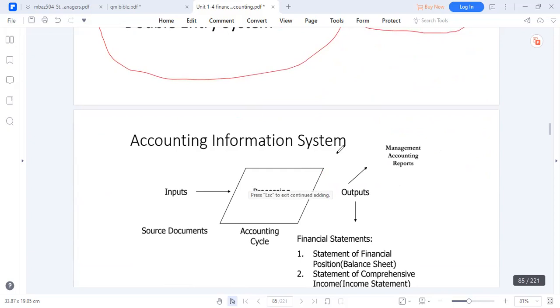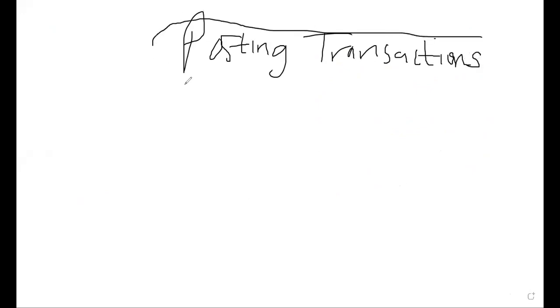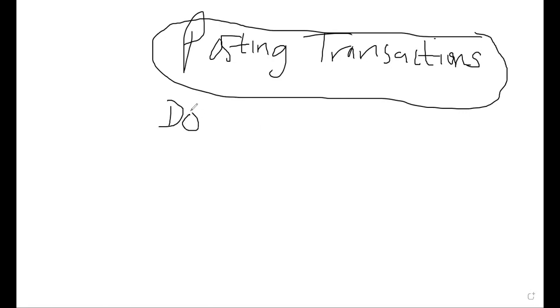So in accounting, like I mentioned in the other class, it's all about the double entry system when you are looking at posting transactions. We look at the double entry system in a nutshell.